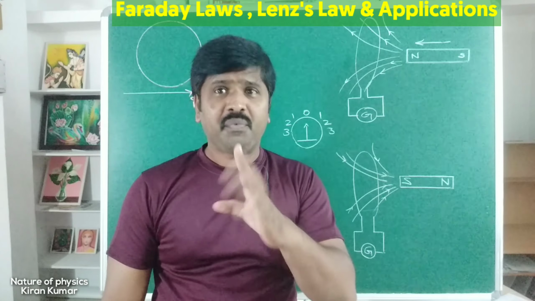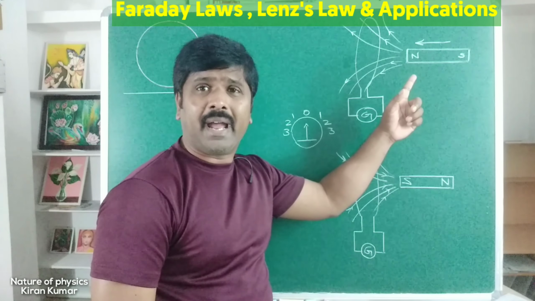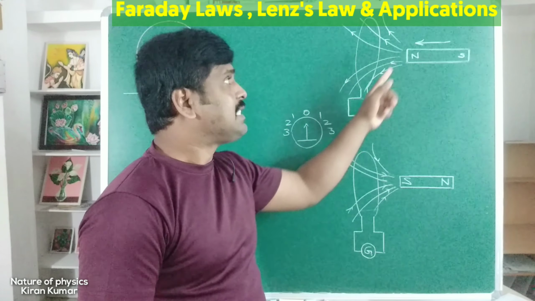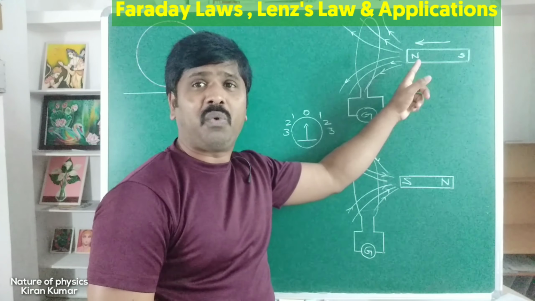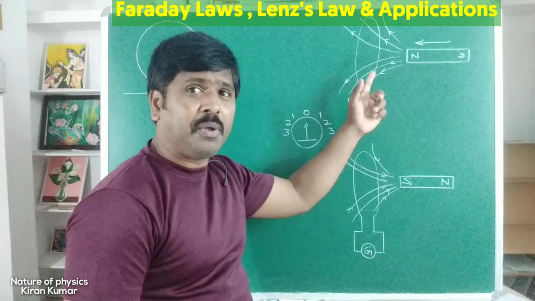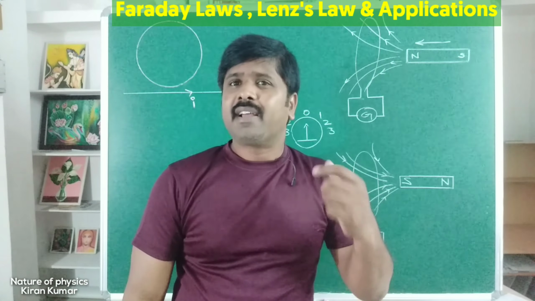According to Faraday's first law, when a coil is linked with a varying magnetic flux, EMF is induced in the coil, and that produces the induced current.